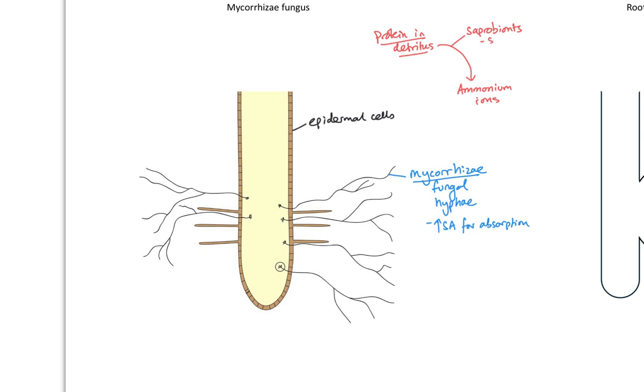And they're going to secrete proteases, endo, exo, and dipeptidases, and they're going to absorb amino acids, and then they're going to do something called deamination. That's basically they metabolize excess amino acids and they release this waste product called ammonium ions back into the soil as their waste. So this process is called ammonification.